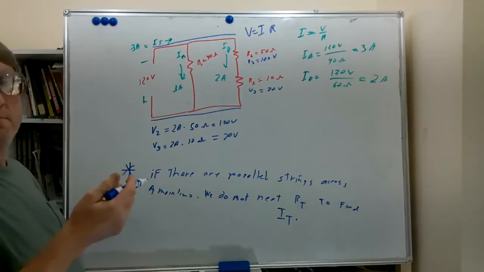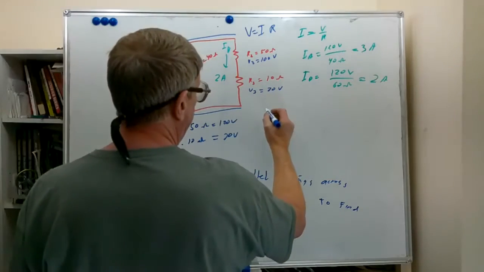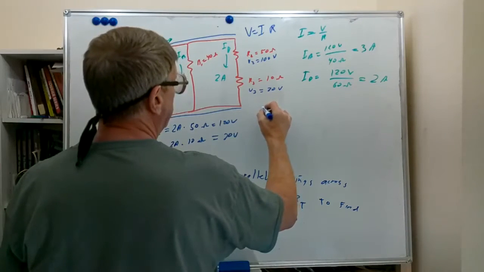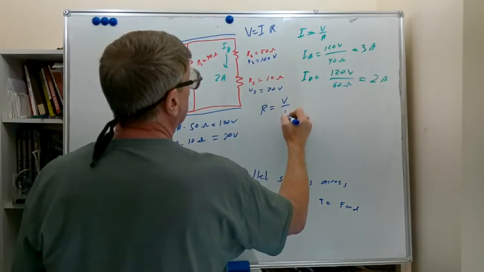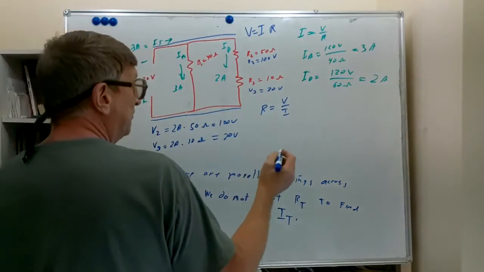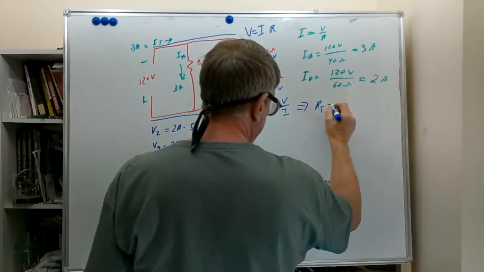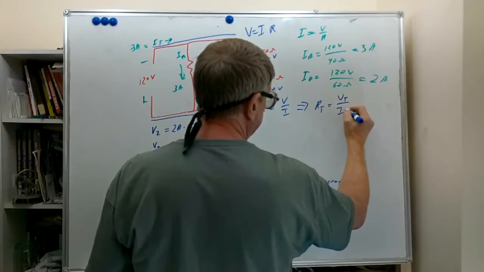Let's just do one more little quick thing here. We have our formula we see many times, a form of Ohm's law: resistance equals voltage divided by current. We've also used that to say that RT equals VT, or V applied, divided by IT.